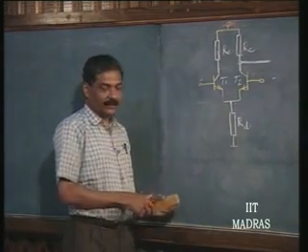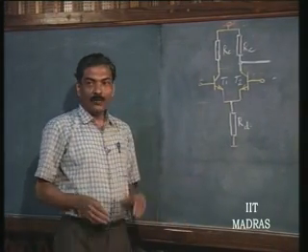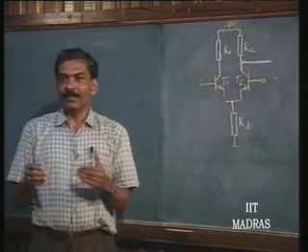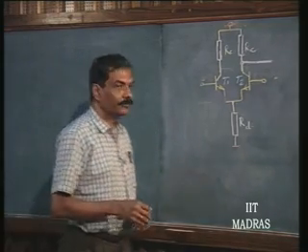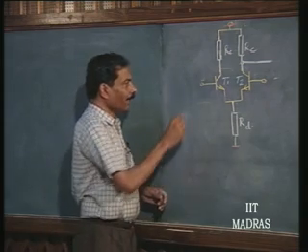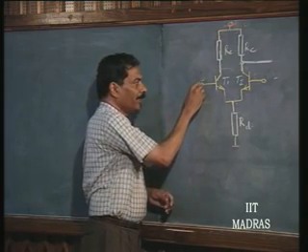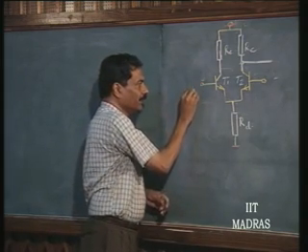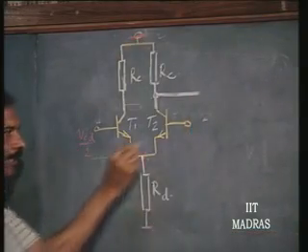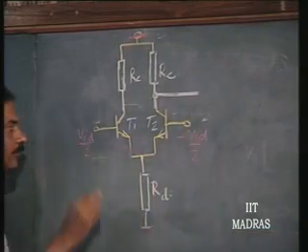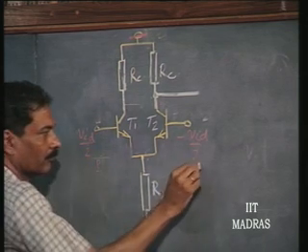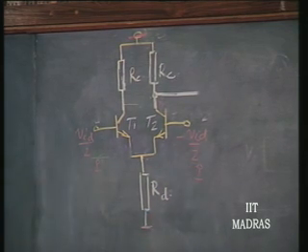Now, let us consider this stage. I would like you to view this differential amplifier in a slightly different manner now. Same analysis. When the input here is VID by 2 and this is minus VID by 2, the common mode voltage is 0.